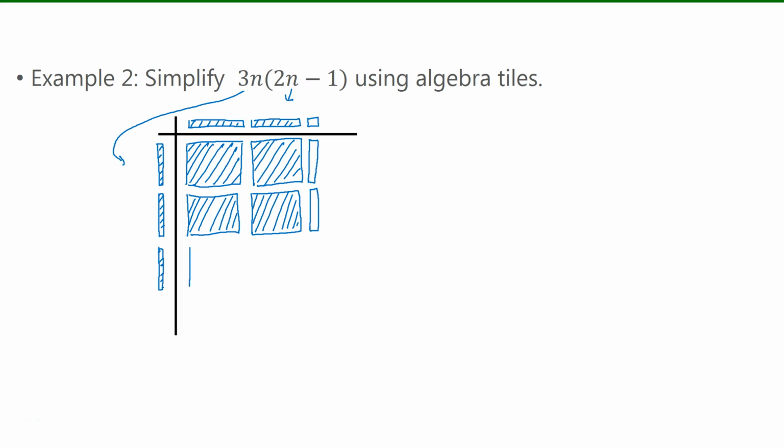And the last row will be the exact same. I'm going to end up with 2 positive n squareds and then 1 negative n tile. So adding that up, we see that we have 6 positive n squared tiles and 3 negative n tiles.